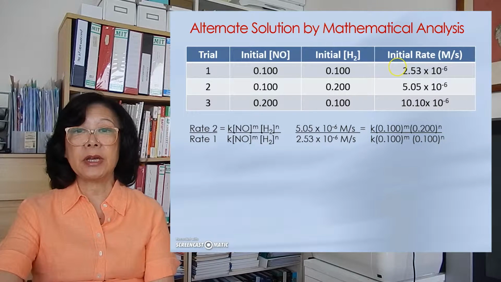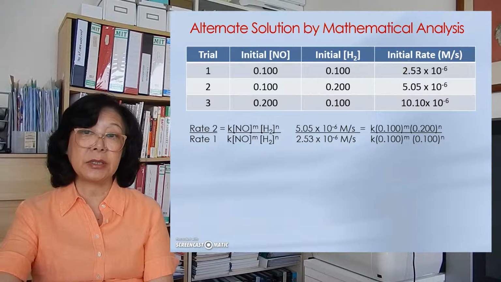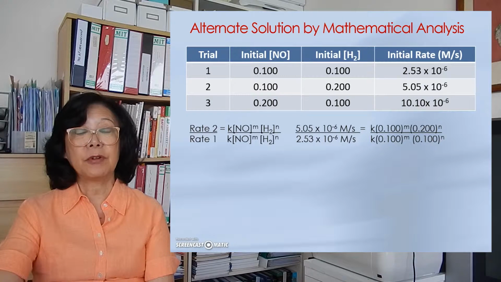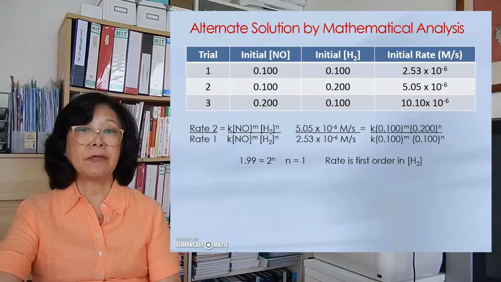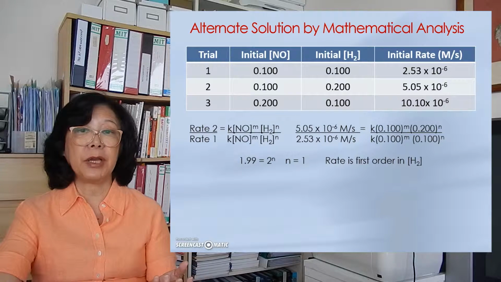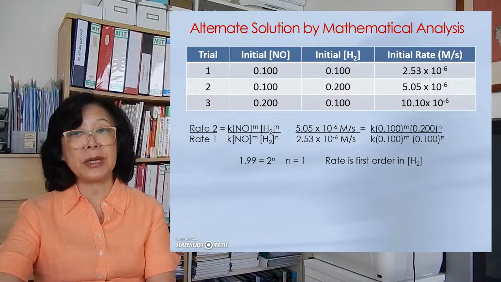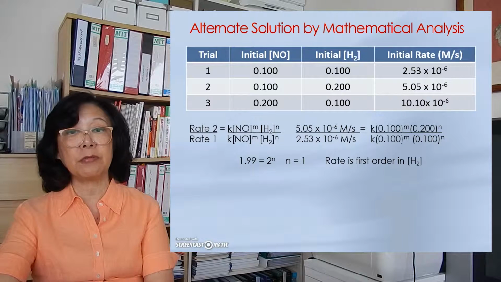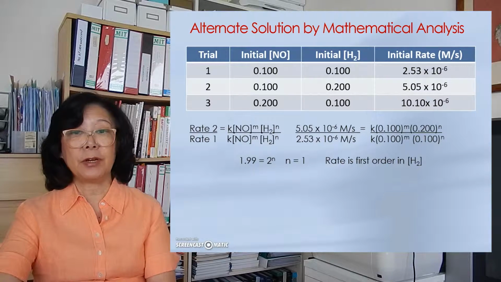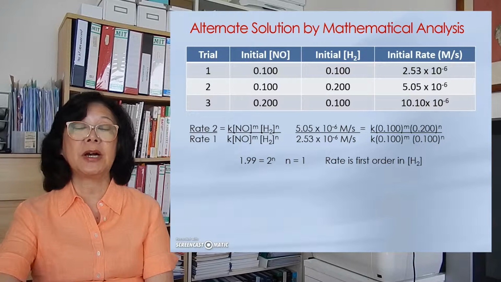Now in this case, we can cancel out the k, the rate constant, and the 0.1 molar from NO. And then on the left-hand side, we have the rate ratio, which is 1.99, equal to the right-hand side, the molarity ratio, which is 2 to the power n. Therefore, n is 1, rate is first order in hydrogen.